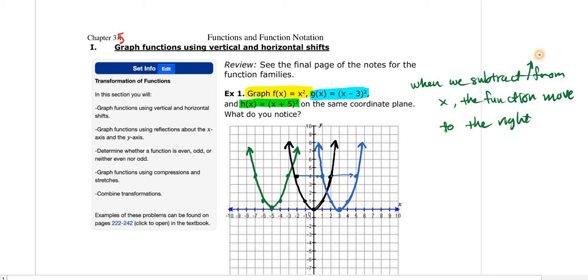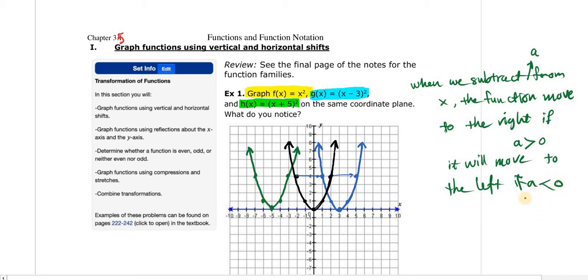Let's say if we subtract a, where a is an integer, it's going to move to the right if a is greater than 0, and it will move to the left if a is less than 0, meaning it's negative.